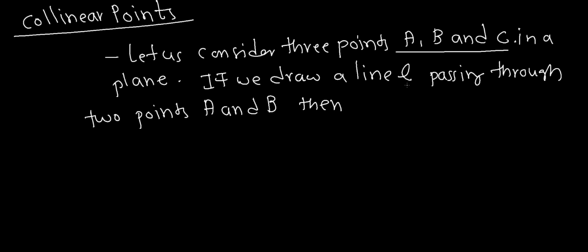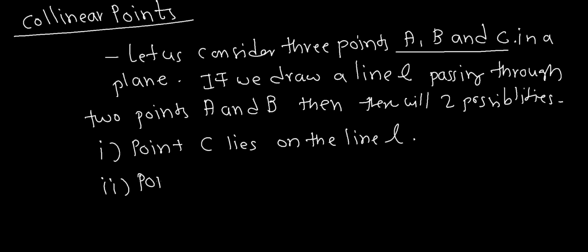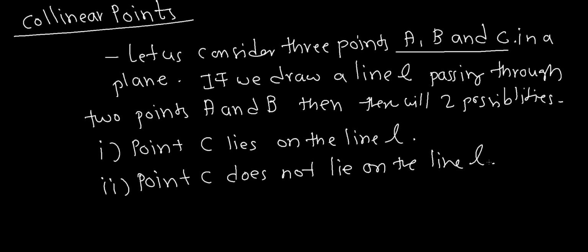If we draw a line L passing through 2 points A, B, then there will be 2 possibilities for the other point, that is C. Point C lies on the line L, or point C does not lie on the line L. That will be 2 possibilities.